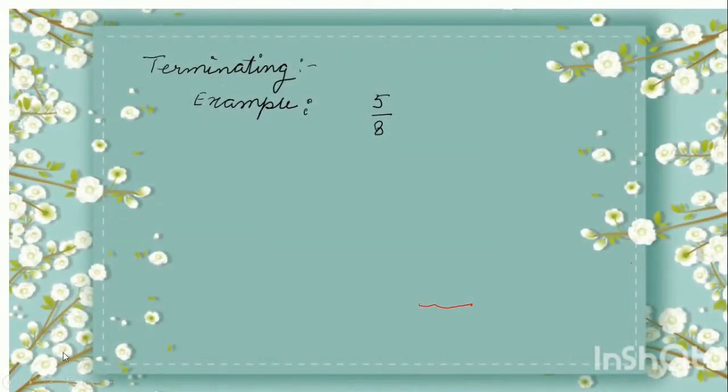Now after this, take one example for terminating. Here your numerator is 5 and denominator is 8. So now you can divide like this: 5 is smaller than 8, so put the decimal, put a 0 over here, 8 into 50 gives 6, remainder 2, then put 0 over here, put a 0 over here.